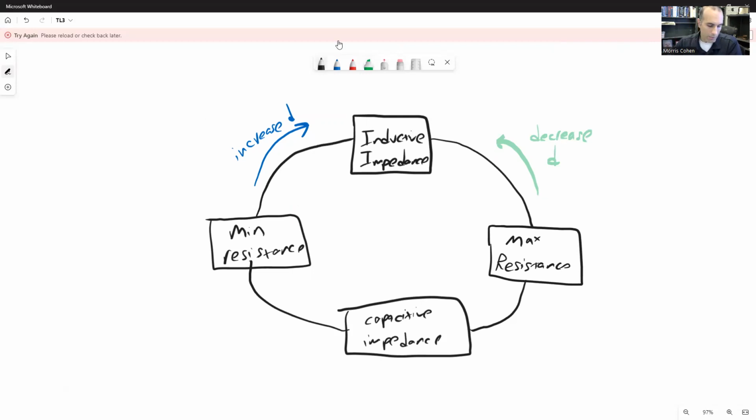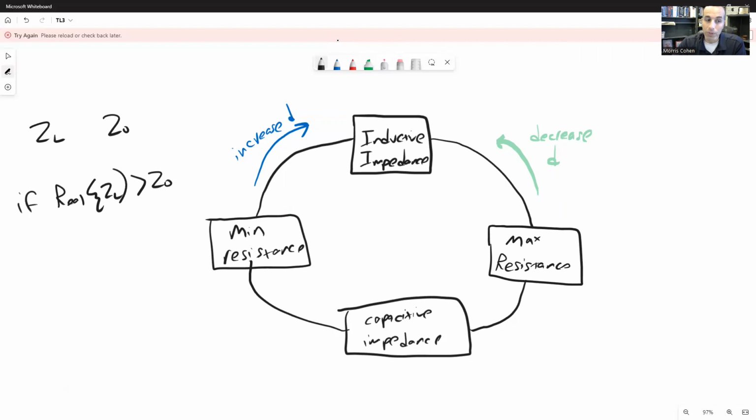Now, let's talk about how ZL compares to Z0. That's going to be the key. Let's start with the scenario where the real part of ZL is greater than Z0.